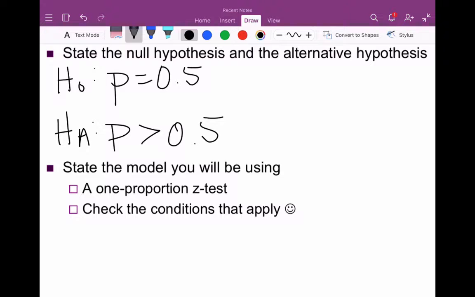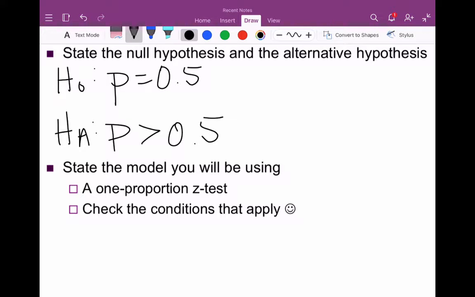Our second step is to state what model we're going to use, and we're doing a 1 proportion z-test, and then we have to check all of the conditions that apply. So these conditions are our plausible independence condition, our success-fail condition, 10% condition, and random condition.